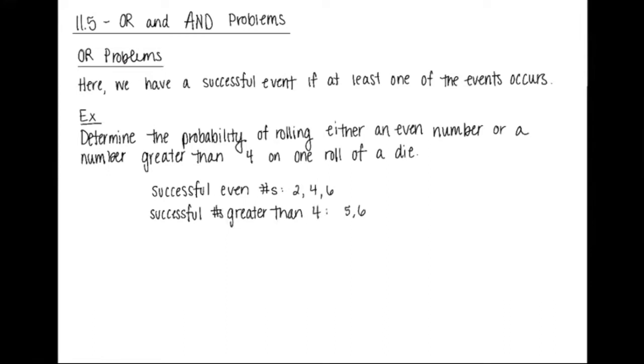If I roll any of these, we're good. Okay. So we would be successful if we roll a 2, 4, 5, or 6. Okay. So you see how there's a little bit of overlap between these two? 6 fits into both categories.